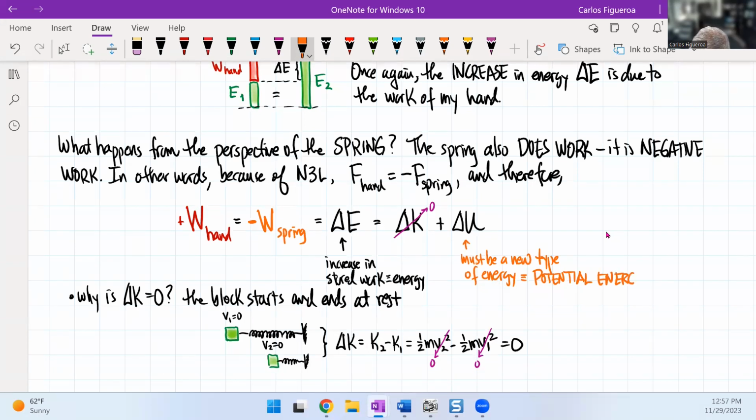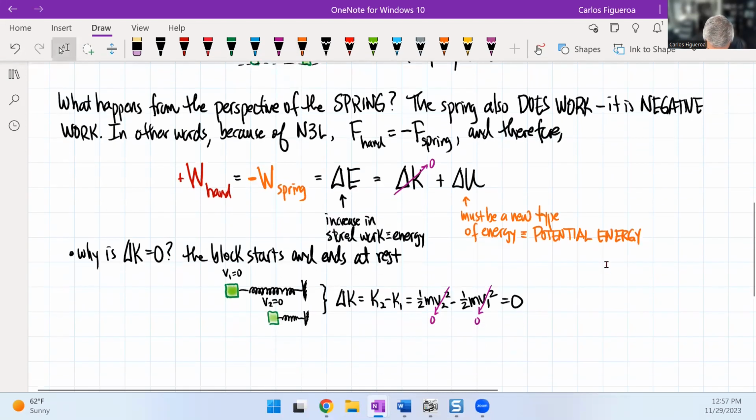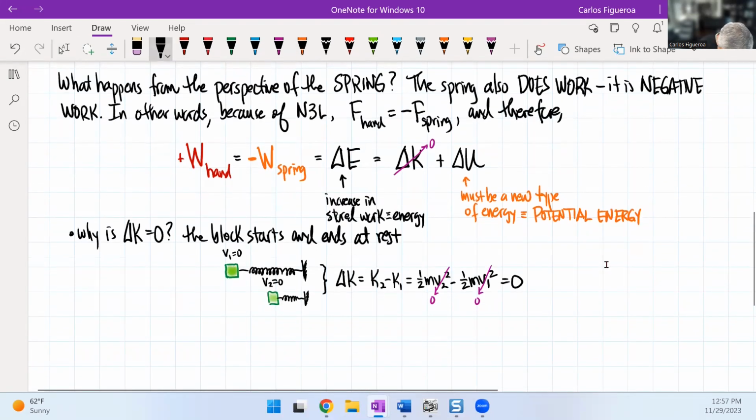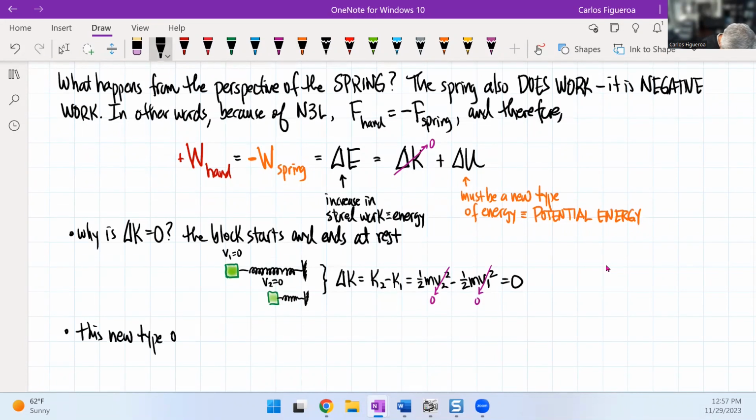And what we're seeing here is that we can clearly see that this new type of energy only depends on changes in position.